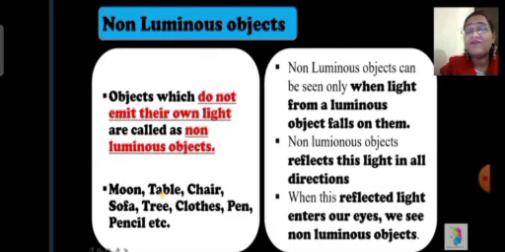Examples of non-luminous objects are the moon, table, chair, sofa, tree, clothes, pen, pencil, and many objects around you which do not give out their own light. These non-luminous objects can be seen when light from a luminous object falls on them and gets reflected to your eyes. Only then can we see a non-luminous object.